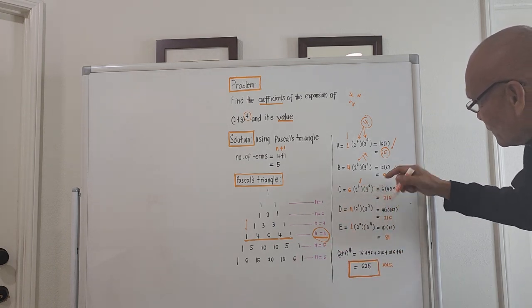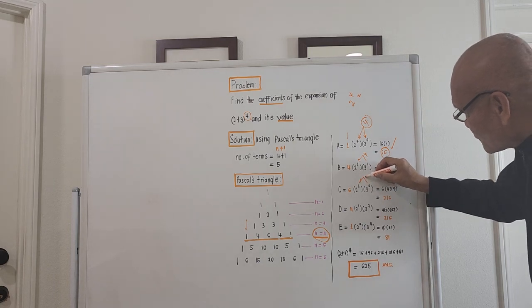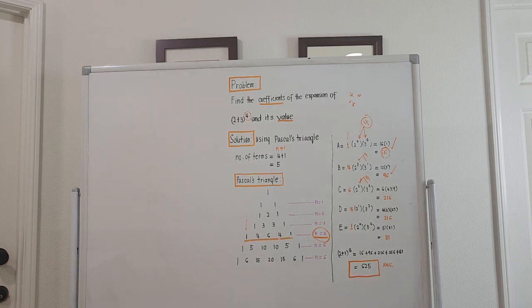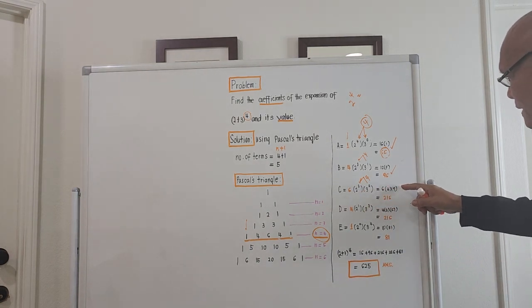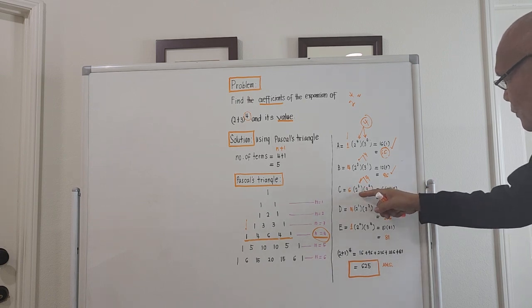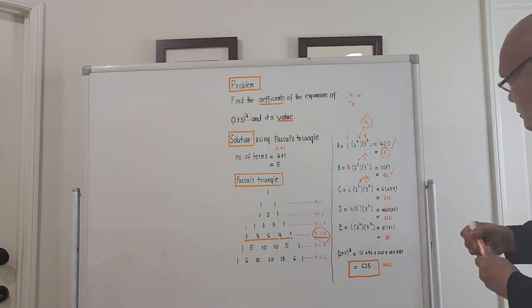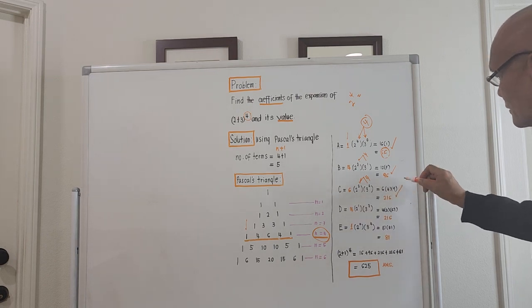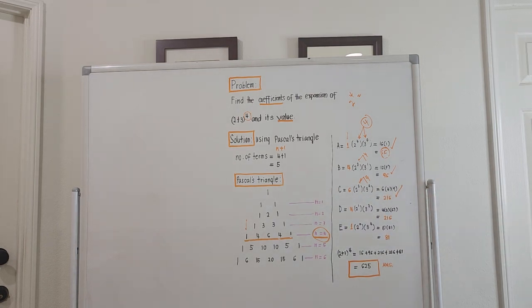If this is 2, this should be 2, because the sum of the two exponents will always be 4. So if we simplify this one, this will be 6 times 9 times 4, which is 216. So the third part of the expansion is actually 216.